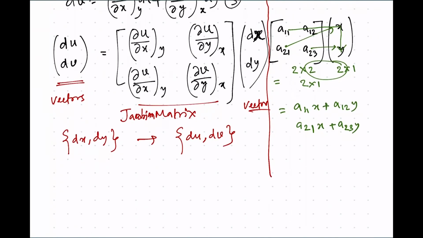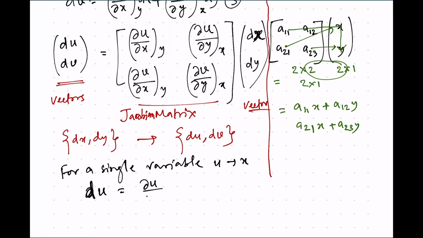If I had only one variable, you see it will reduce down to only one term. So, if I did not have two variables, then I will get just one. Let us say I am converting u to x, for a single variable, I will simply get du equal to del u by del x dx.